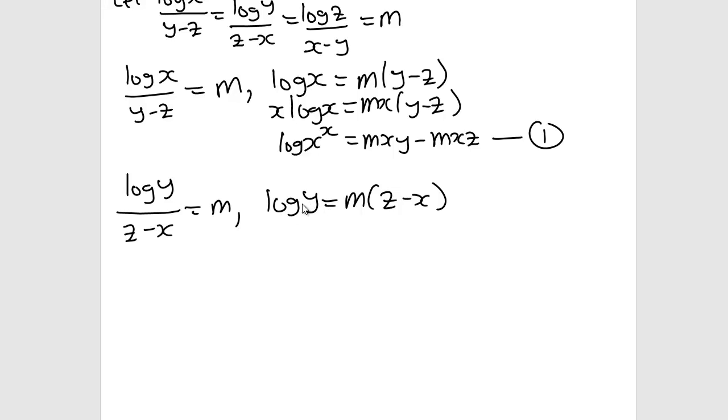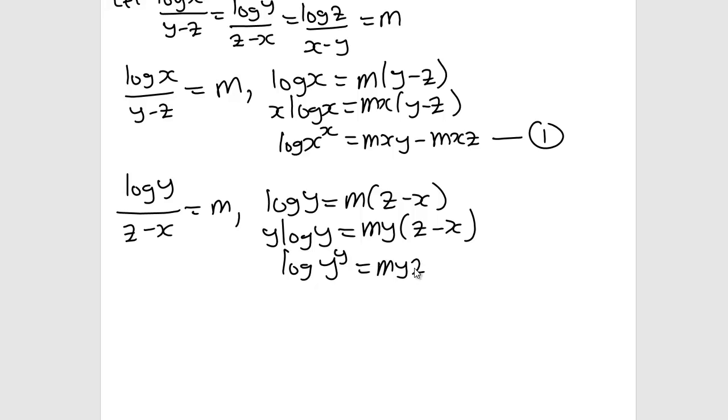So we are going to multiply through by y. So y into log of y is equal to m y into z minus x. Then using the same property, we are going to have log of y to the power y equal to, then we expand this one, myz minus mxy. So let's call this equation 2.